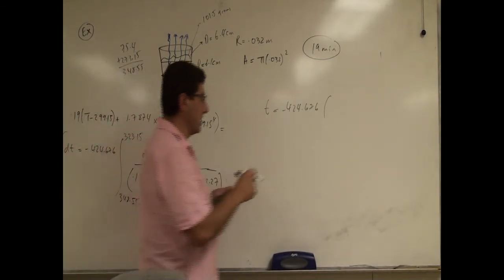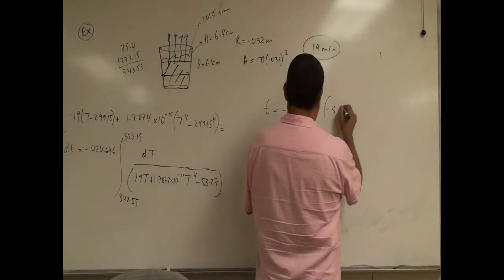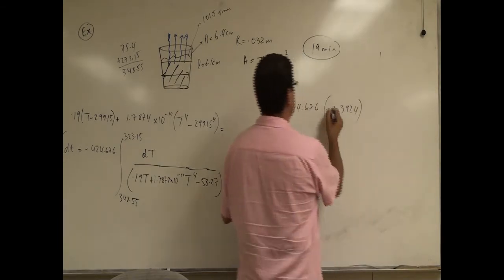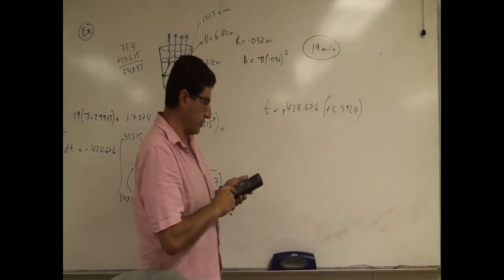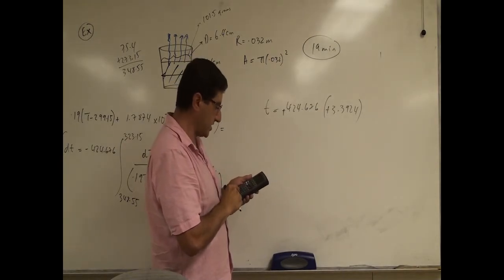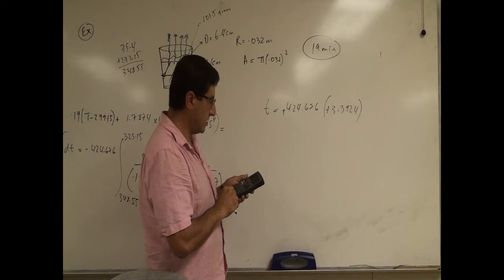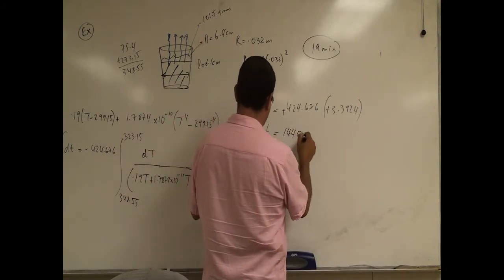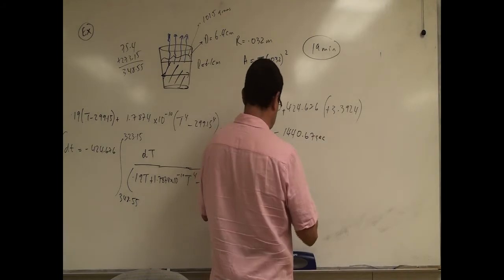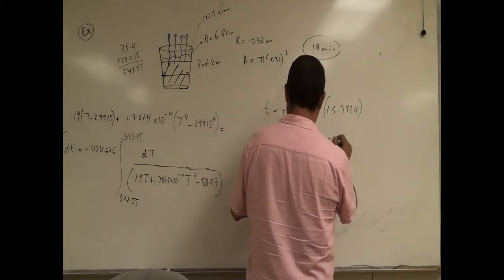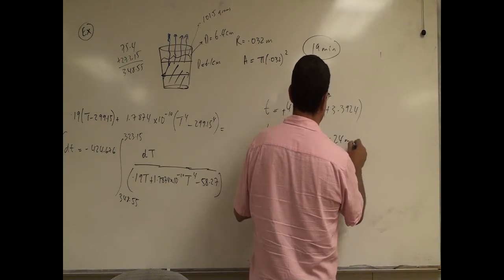It comes out to be negative 3.3924. Okay? So of course the two negatives cancel. So we multiply this by 424.676. Okay? So that's going to give me 1,440.67 seconds. We divide that by 60 seconds. That gives me 24 minutes.